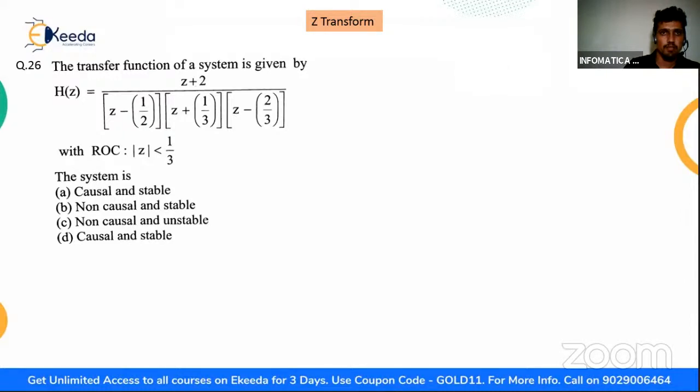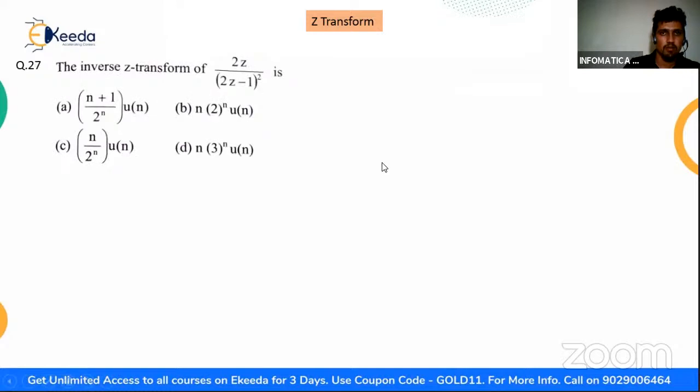Now next, what it is saying is that we have to calculate the Z transform of this. There are again 2-3 methods, whatever you like you can do. What I am simply doing is taking 2z square outside.